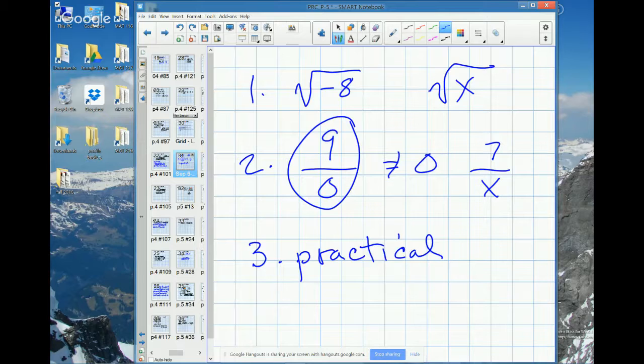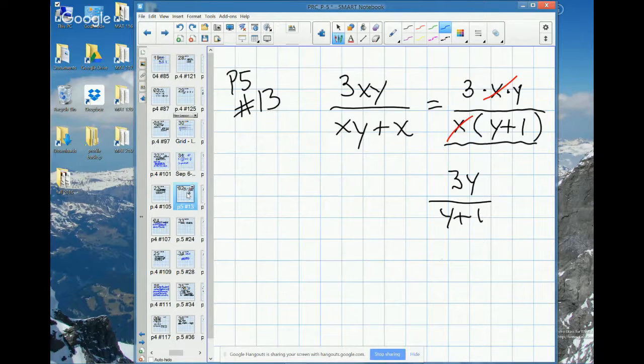And number 3, if it's a word problem, you've got to make common sense. You can't have negative widths, and you can't have fractional votes, and pretty obvious things like that. Keep that in mind. And now I'm going to dive into some problems.